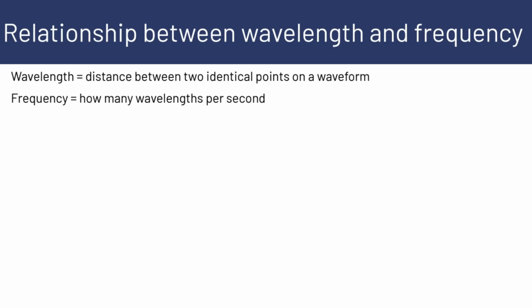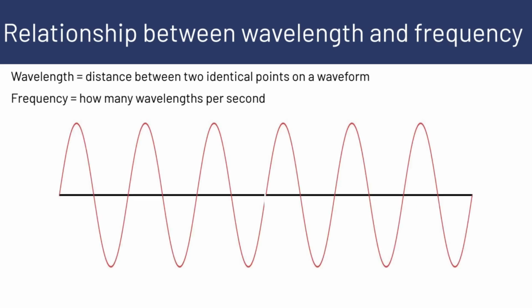All right, and finally, we have this last image. Here we have a lot more wavelengths that are going to pass by in the same amount of time. Let's count the number of wavelengths. We start here. We have 1 wavelength, 2, 3, 4, 5, 6 wavelengths. So we have 6 wavelengths in this image.